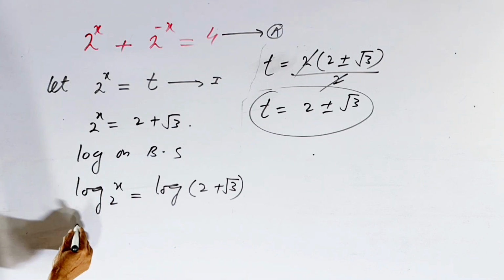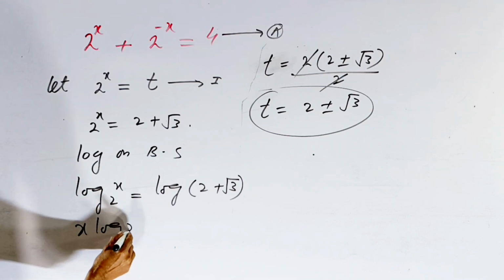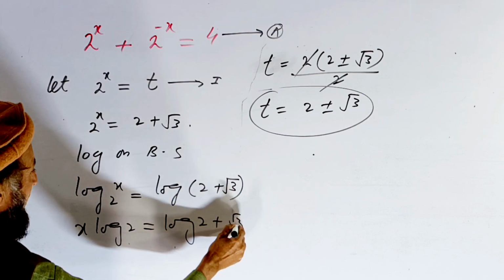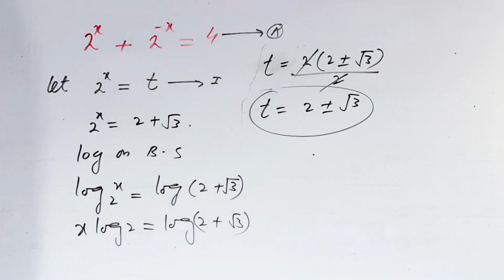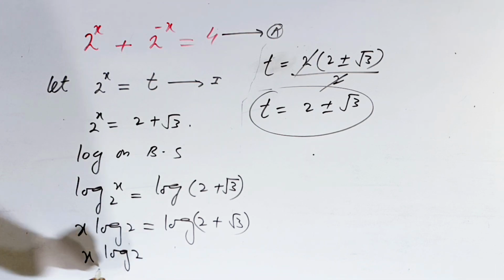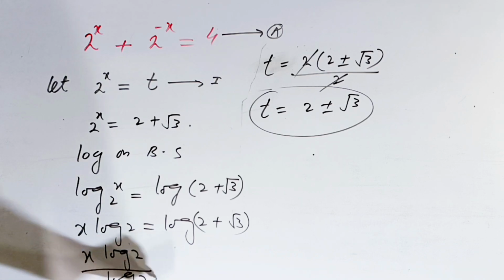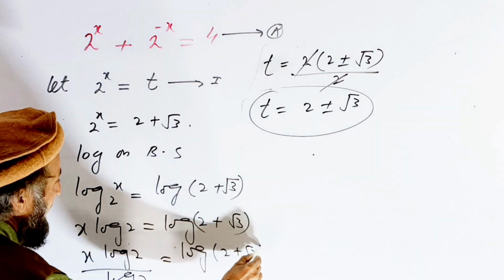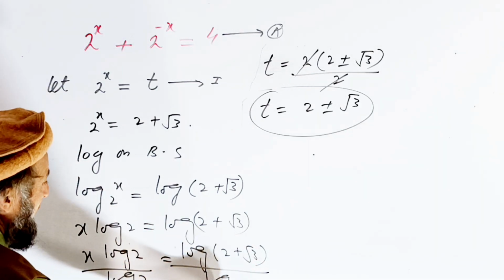According to the exponent rule, x log 2 = log of (2 + √3). Now dividing both sides by log 2, we get x = log(2 + √3) / log 2.